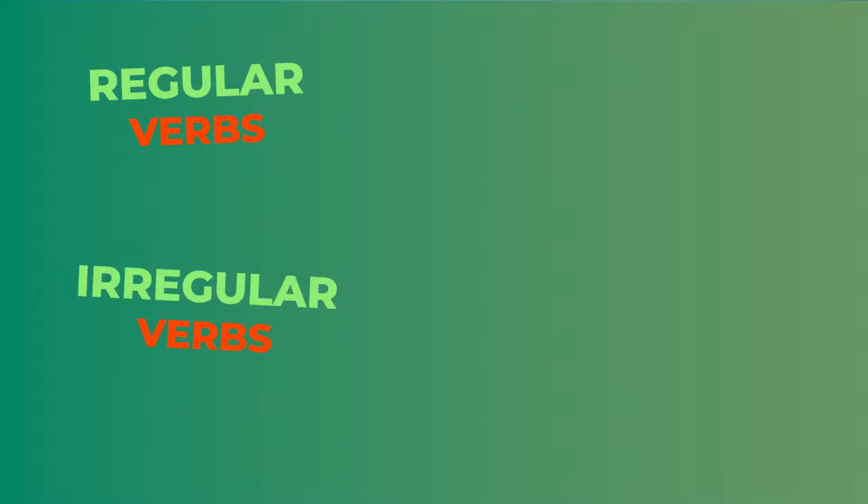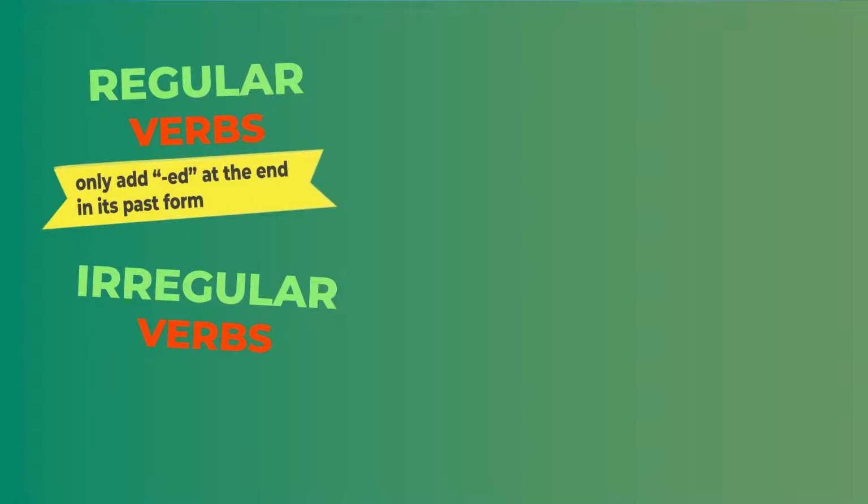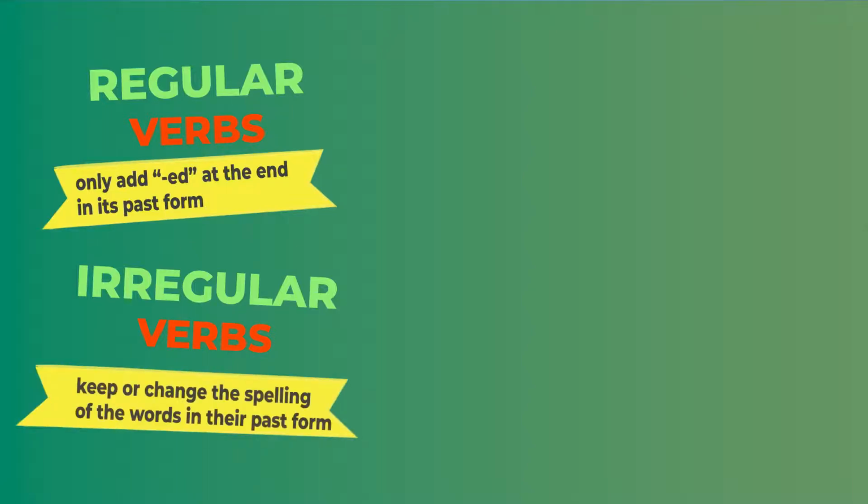These verbs are formed based on their past tense and past participle. Regular verbs are verbs where we only add ed at the end in its past form, whereas irregular verbs are verbs where we keep or change the spelling of the words in their past form.